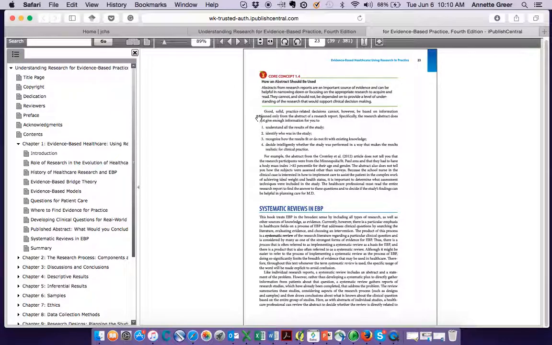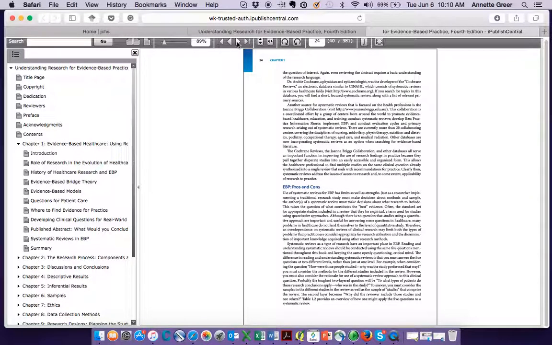Here, how should an abstract be used? So this is where you're going to find your questions in your core concepts, in your bolded terms, and it'll be really definitional and applied relative to what you're learning based on those things.